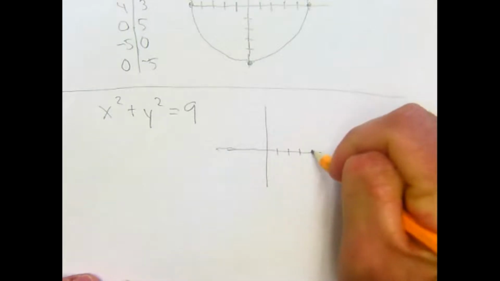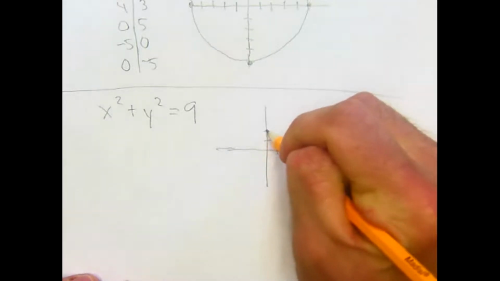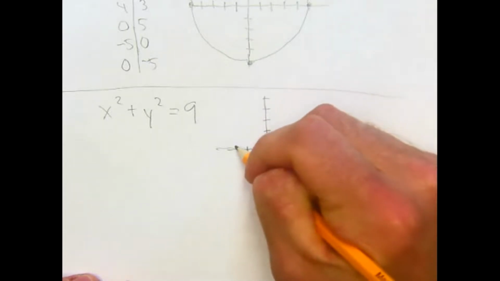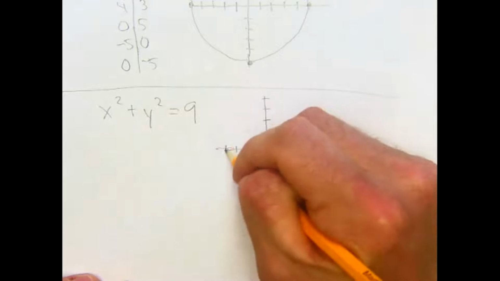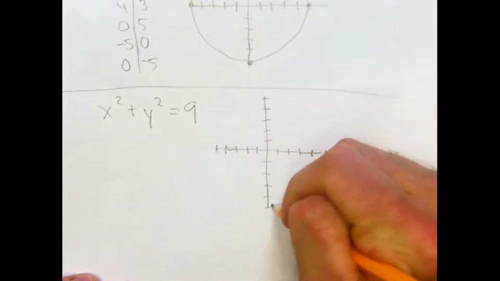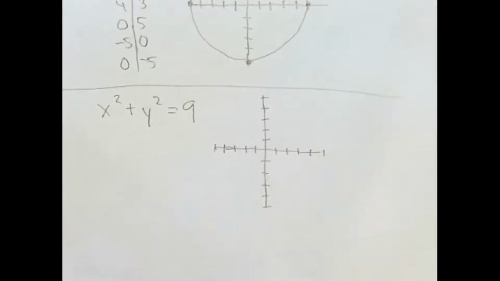Can somebody that maybe I haven't heard from give me a point that's on this equation, an x and a y? That one's a little tougher, but there are some easy ones if you think about the zeros in particular.